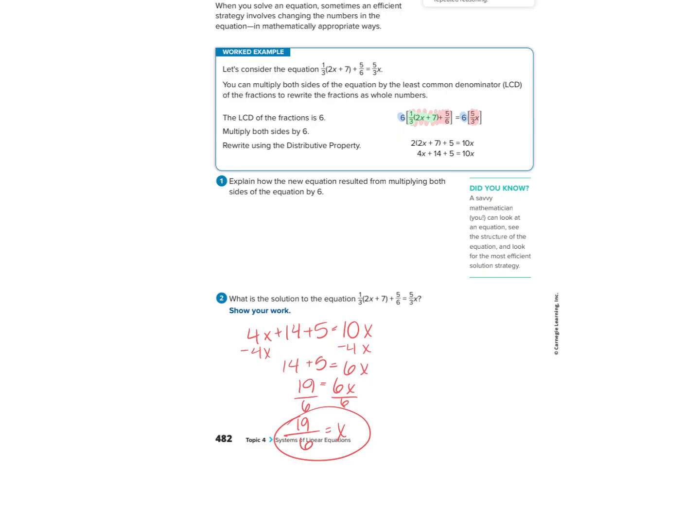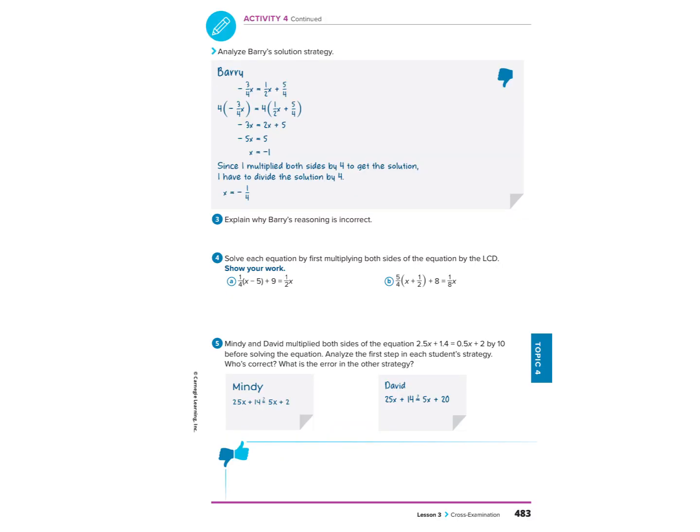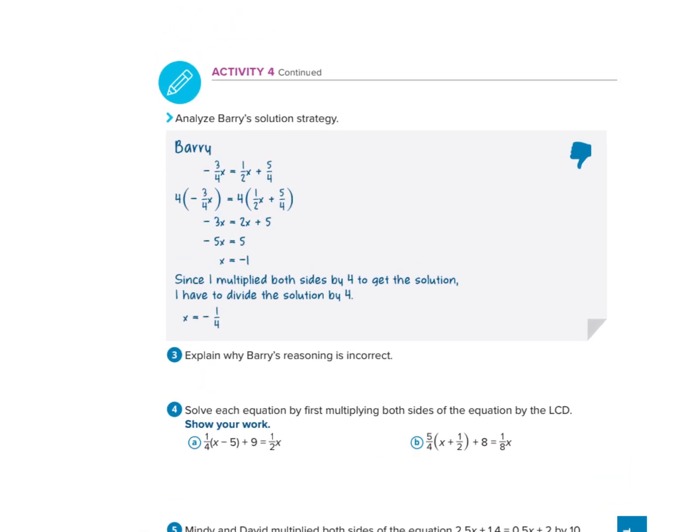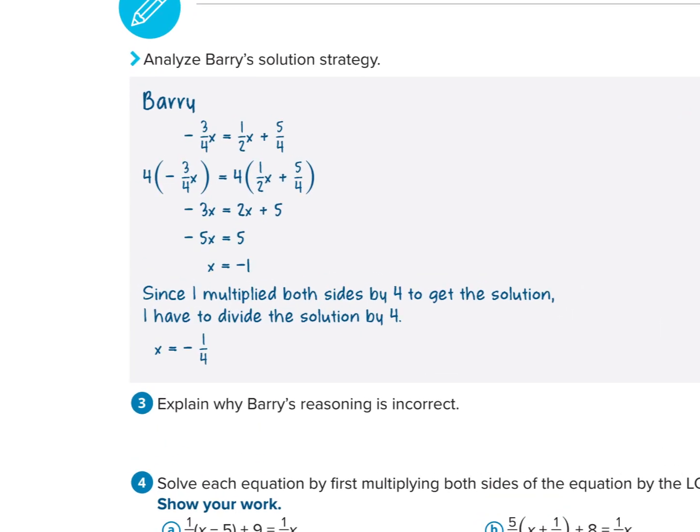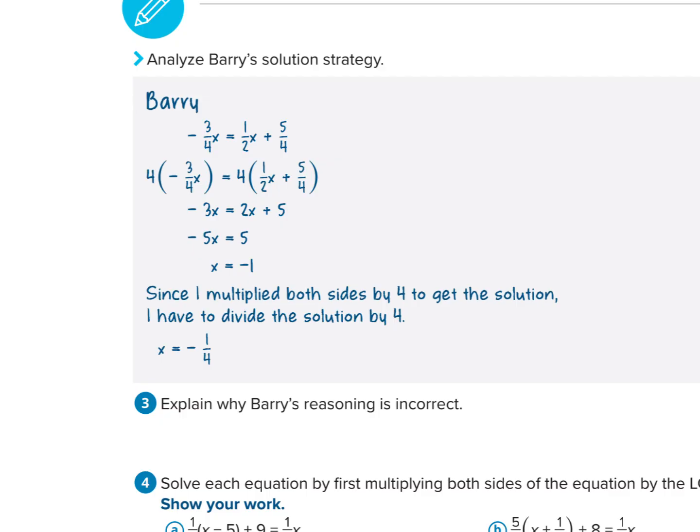If this is super confusing to you, you can leave the fractions as they are. This is just another strategy to solve it a little bit more efficiently. So then if we were to look on this next page, they're doing the same thing. We're finding that our LCD, or least common denominator, between 4, 2, and 4 would be 4. So I'm multiplying both sides of my equal sign.